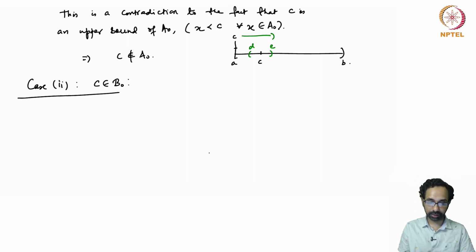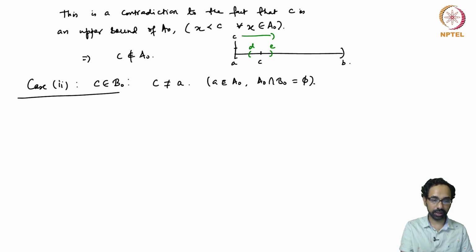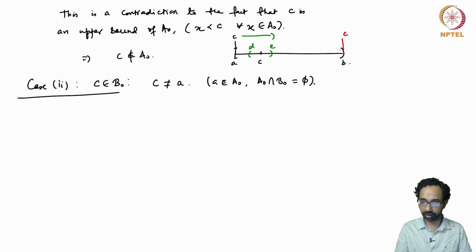In the second case, we have C in B0. In this case, C cannot be equal to A, again because A is in A0, and A0 and B0 are disjoint. So here C is either at the point B or somewhere here in the middle.